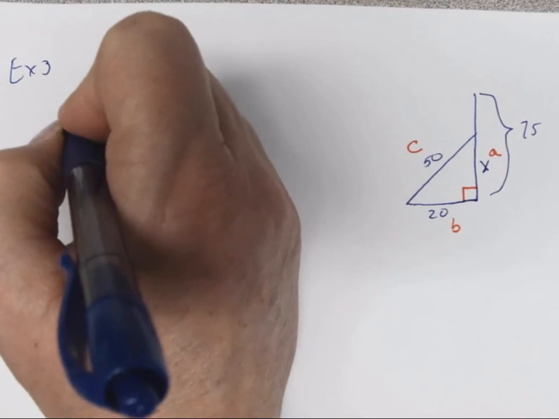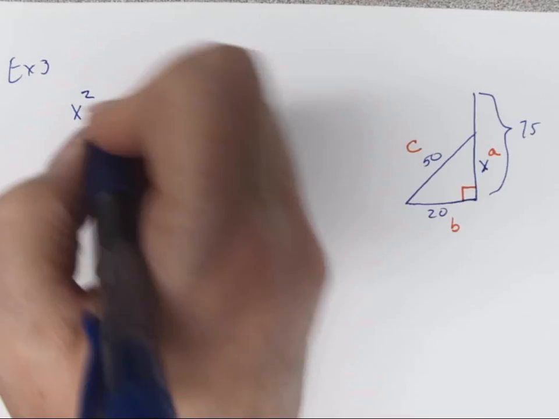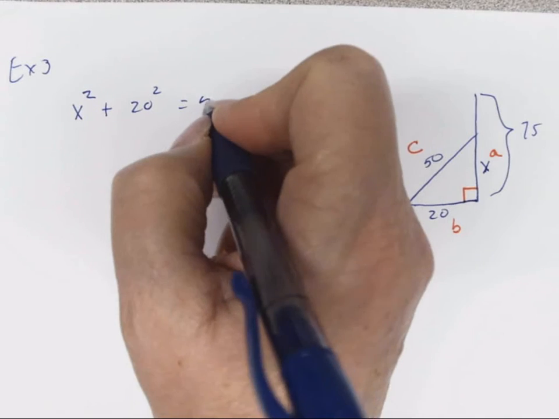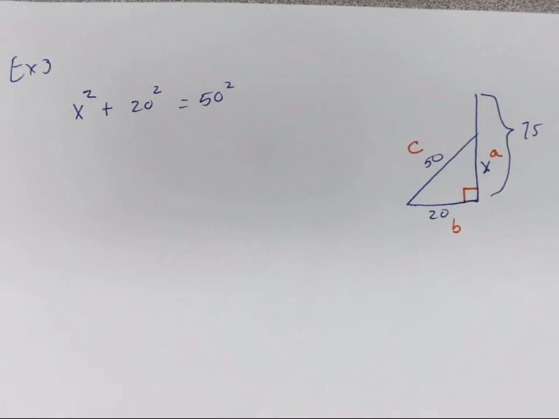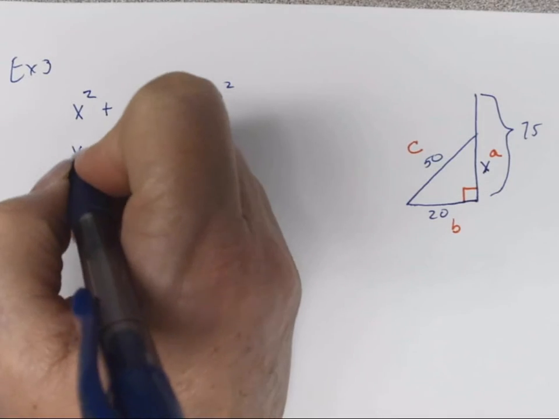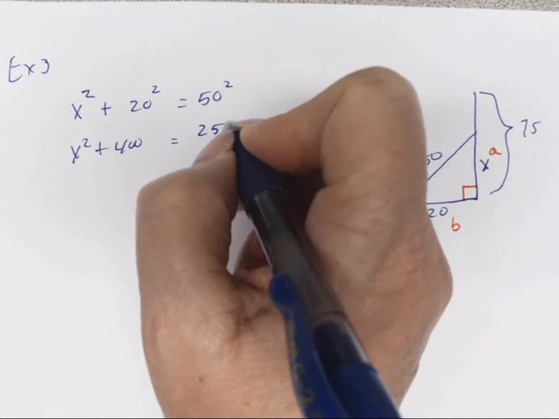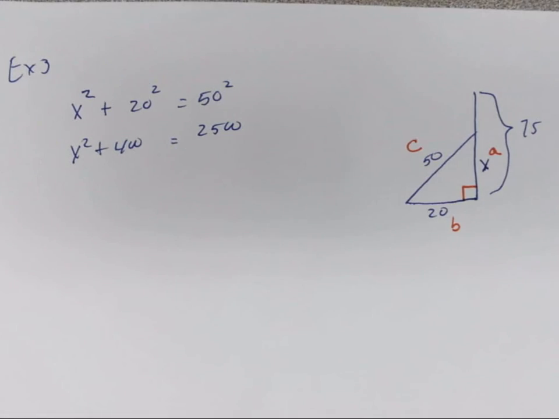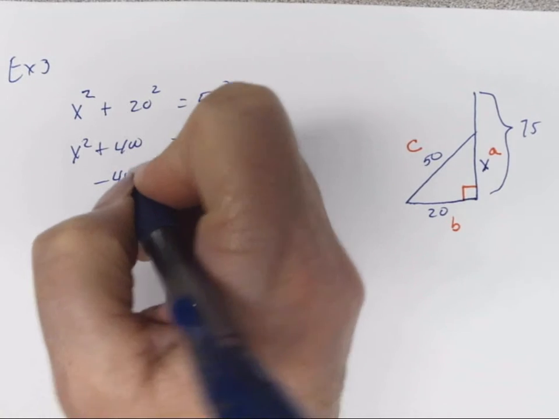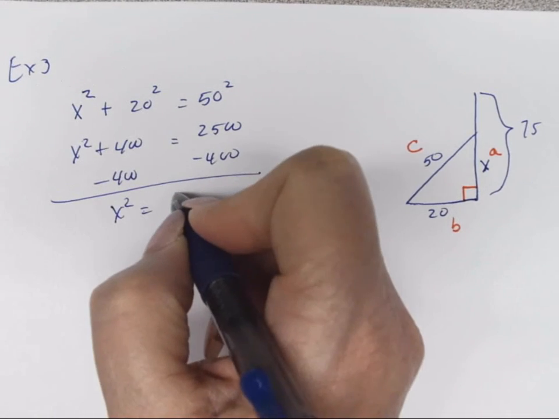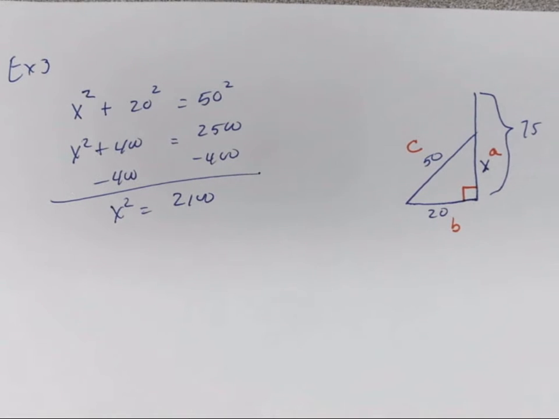So we have x squared, which is our A, plus 20 squared, which is our B, is equal to 50 squared. Well, 20 squared is 400, and 50 squared is 2,500. So we'll move our 400 over to the other side, and we get x squared is equal to 2,100.